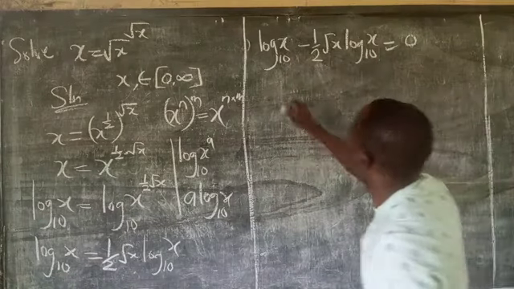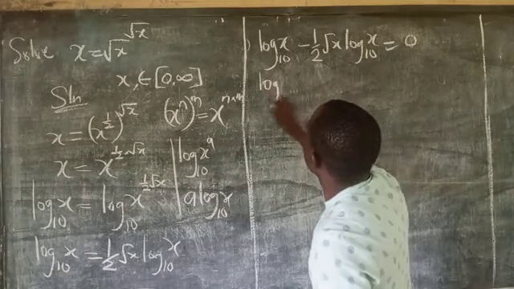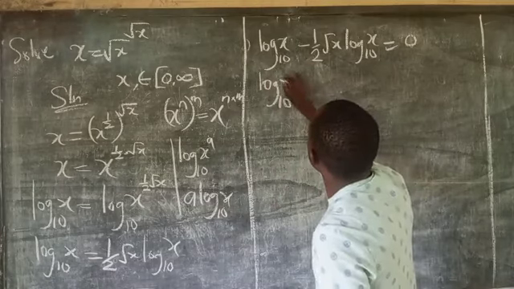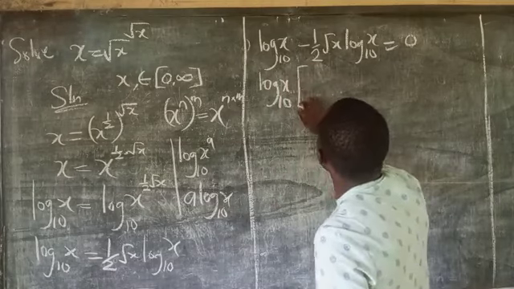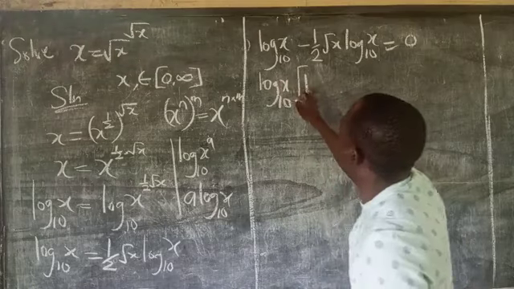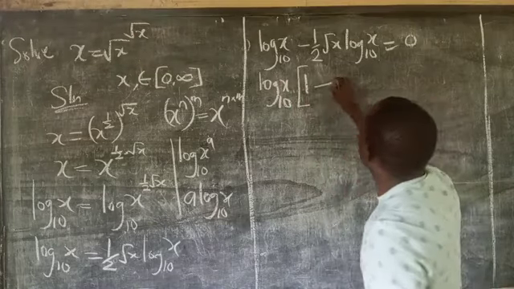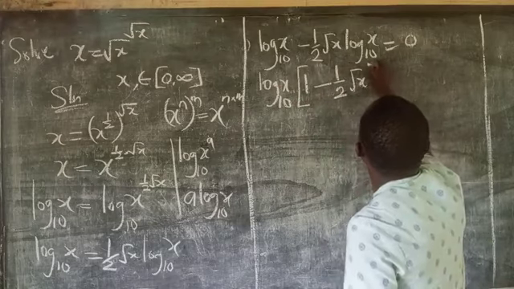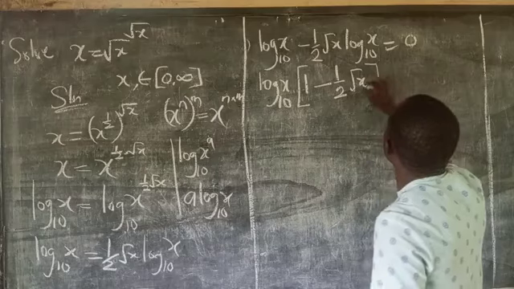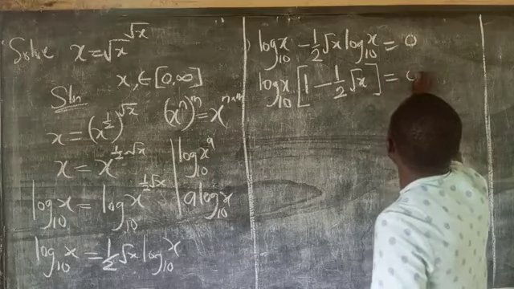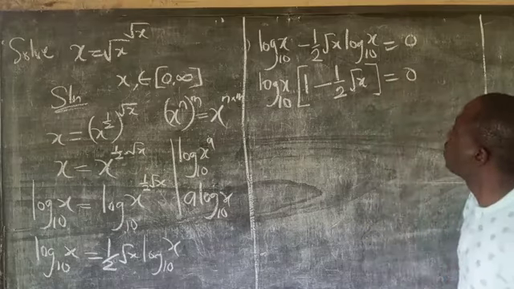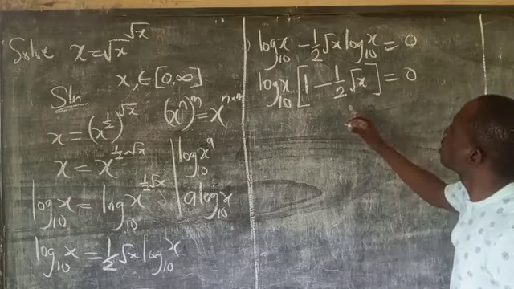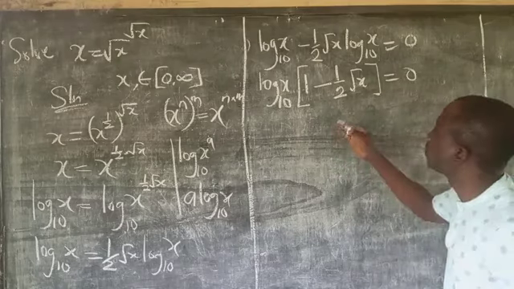So we can factor that out to mean log to base 10 of x times 1 minus 1 over 2 root x equals 0. You see, now it's taking shape, it's getting better shape already.